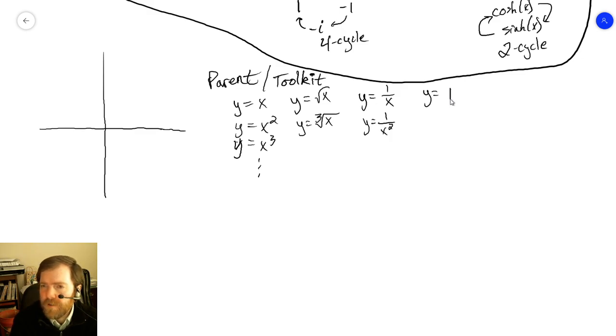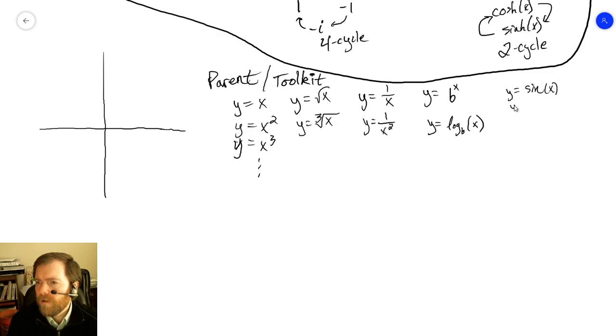I guess just exponentials and logs then. And then we start getting into trig functions beyond that. All right, so all 6.